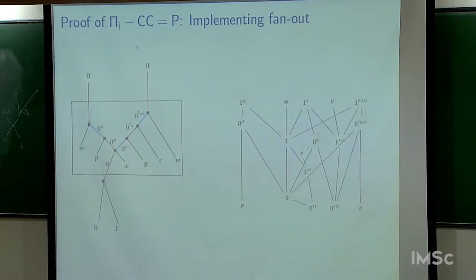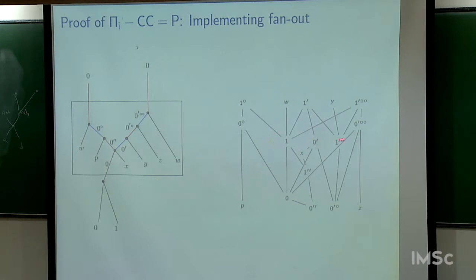And so the idea is very simple. To implement fan out, you kind of push the fan out logic onto the underlying lattice. Right. So this is a poset here, but it's easy to convert it into a lattice. So what we do is once we get the value that has to be copied, we feed it into a comparator gate with this element X. So you kind of make 2 copies of that value.